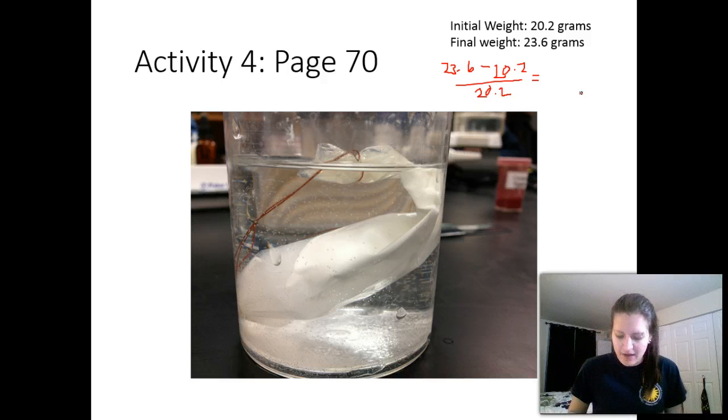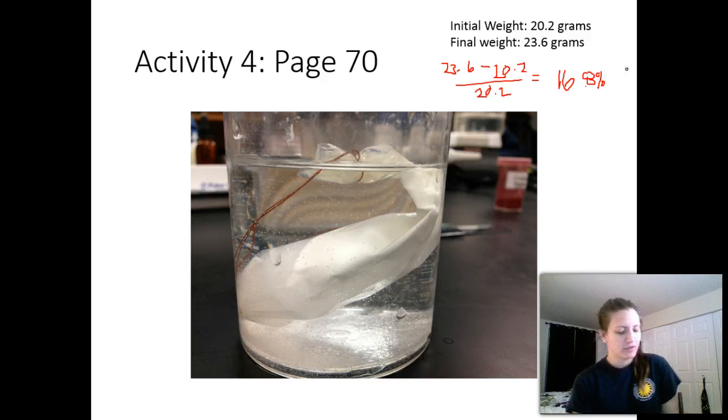I'm going to take out my calculator, do 23.6 minus 20.2, divide that by 20.2, and then you times this by 100 to get the percentage, so I get 16.8. So this is saying that the bag increased in weight by 16.8%.